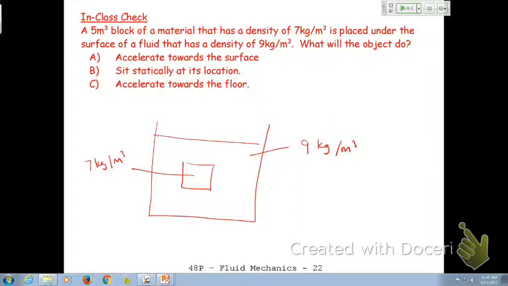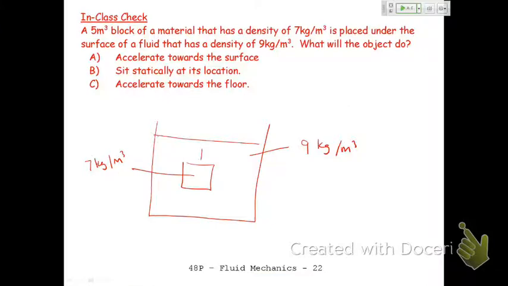Well, I can say, look, it will move dependent upon the relative size of its forces. Here's FB, and here's FG. My FB equals rho g V for the fluid, and my weight is equal to rho g V for the object.